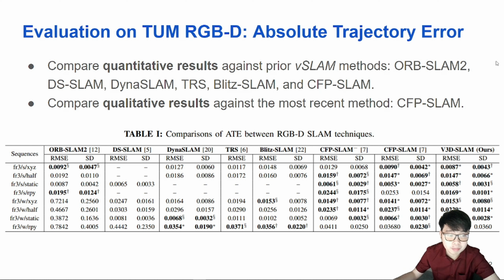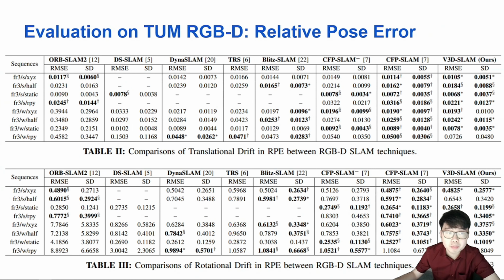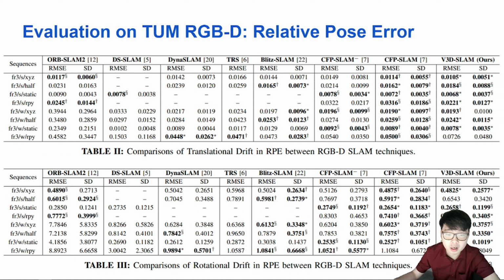We compare with six other state-of-the-art techniques, and we achieved better results than those in relative pose error, for both translational drift and rotational drift. These metrics represent the error when the camera moves forward or sideways, or rotates to obtain more frames of the scenes.